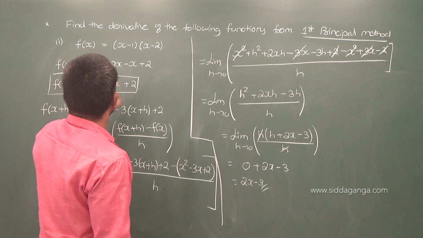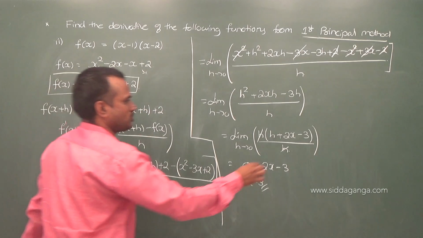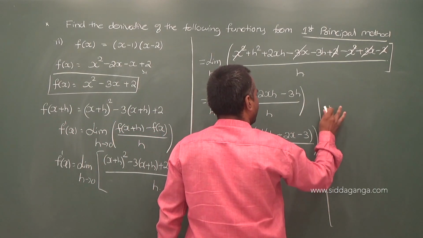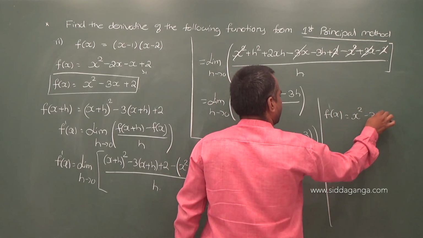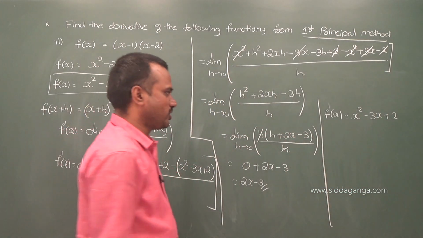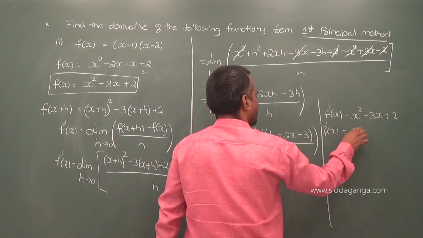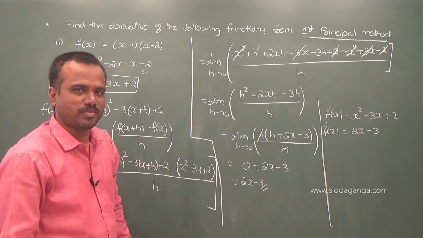If you want to differentiate directly, I differentiate here only. We will check whether it is the same answer or not. First I write f(x) = x² − 3x + 2, correct? You know how to differentiate with respect to x. f'(x), the derivative of x² is 2x, minus 3, so 2x − 3.